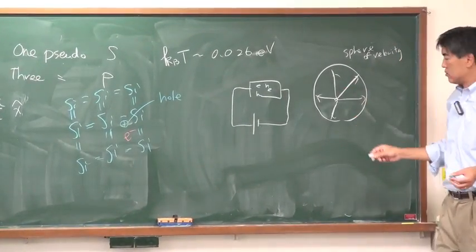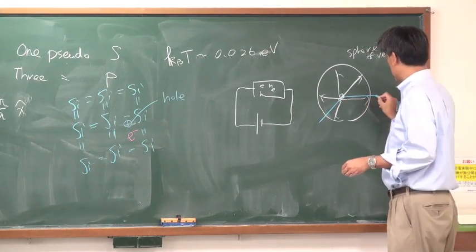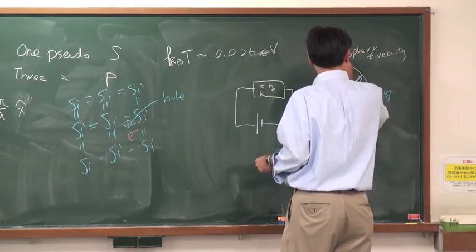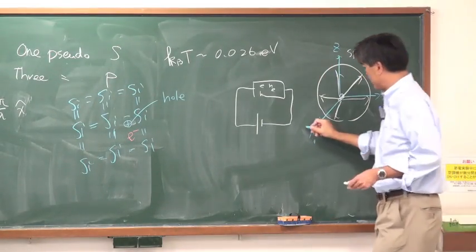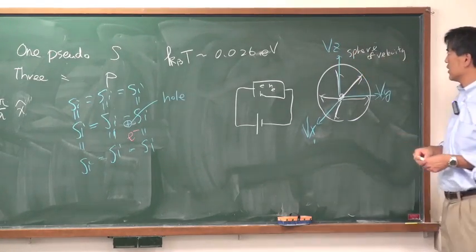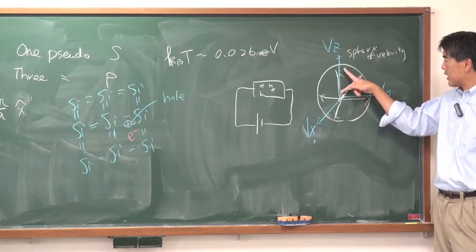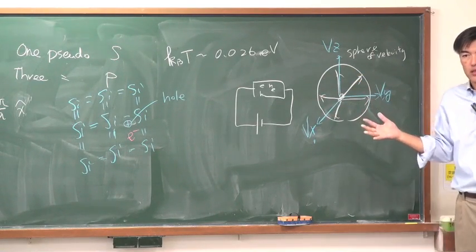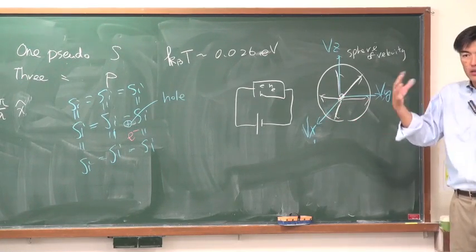This is the center, and I can draw Cartesian x, y, z, basically vx, vy, and vz. I'm drawing a sphere because the velocity is assumed constant in all directions, given by thermal energy, and they go everywhere. So it's a sphere.